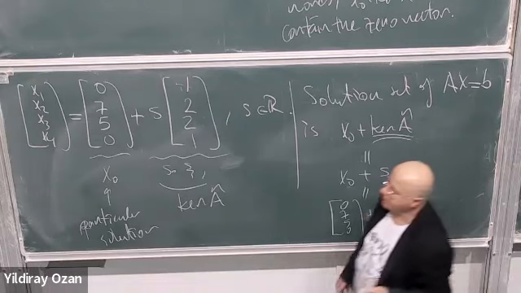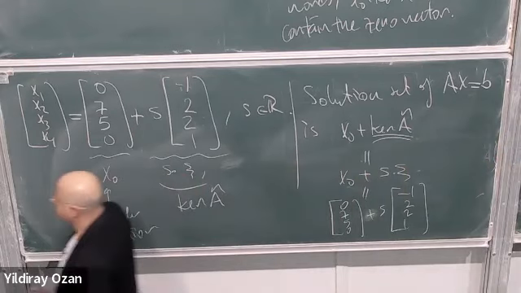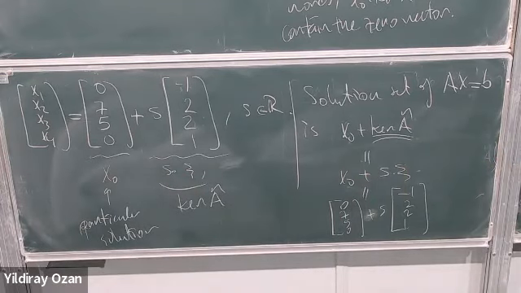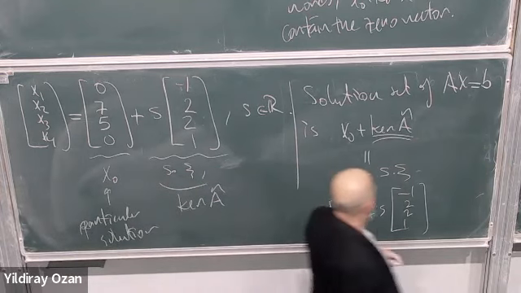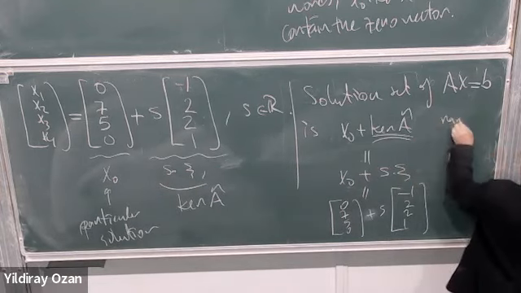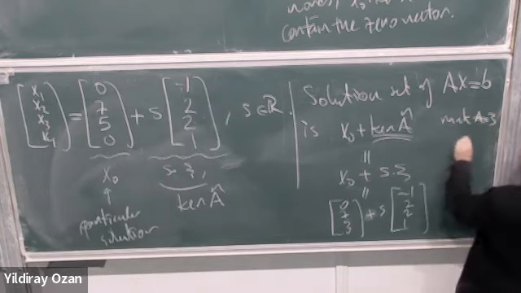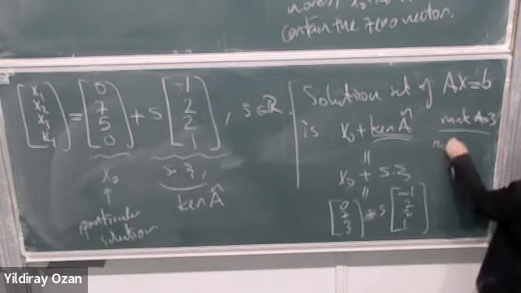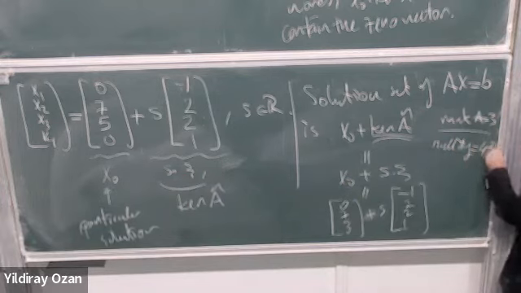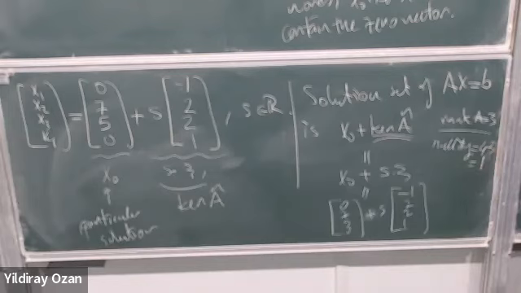The reason is that the rank of this matrix is 3, right? The rank is 3. So the rank of A is 3. So nullity is 4 minus 3, which is 1. So this is one-dimensional, and this is a basis vector.